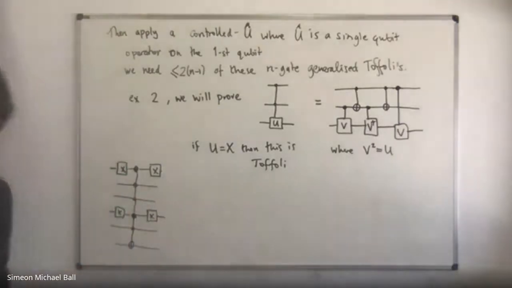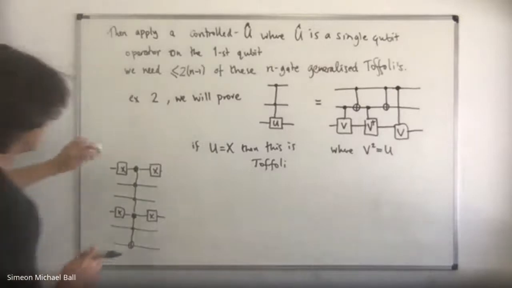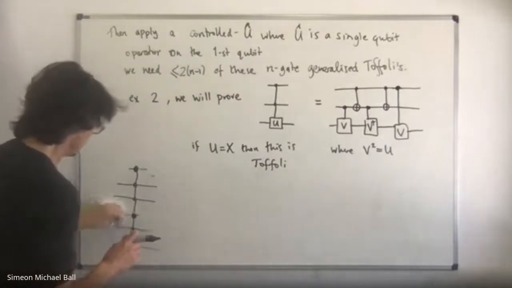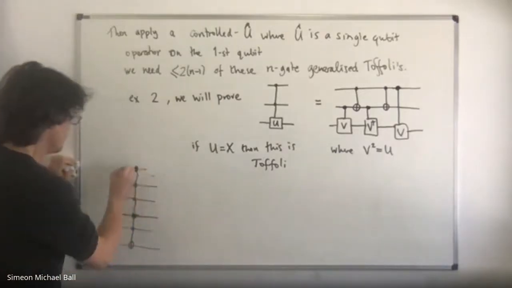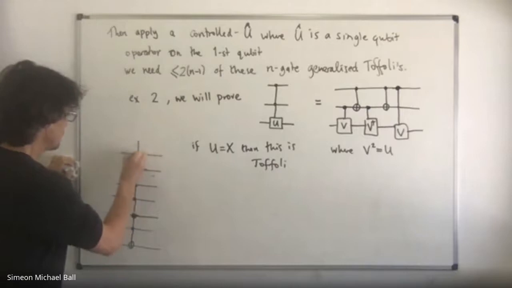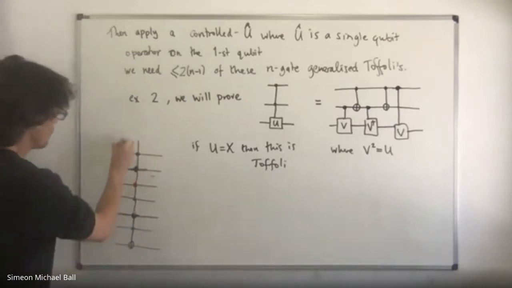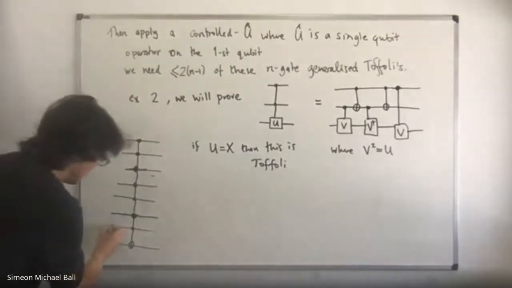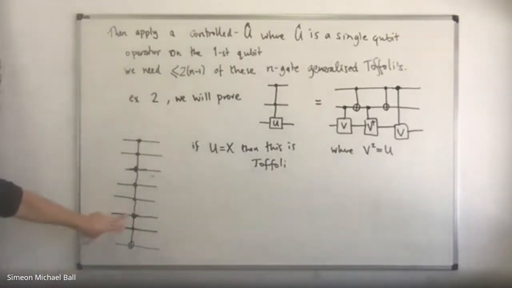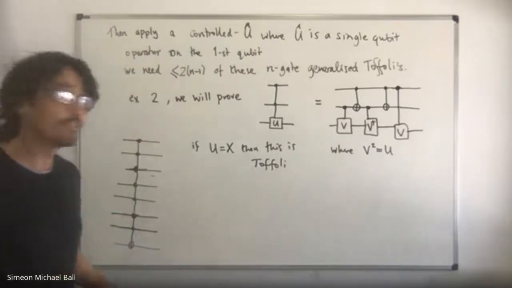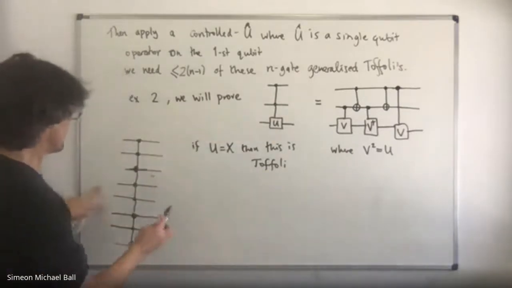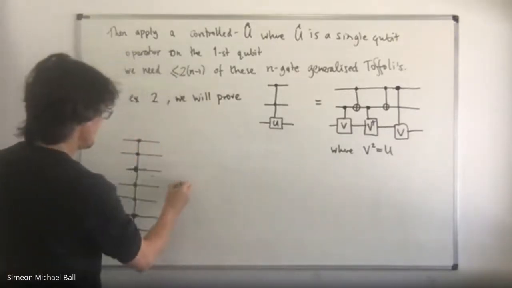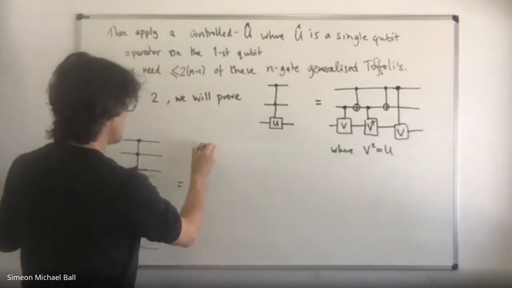So now let's just assume that we have all blacks, and let's add a few more just for good measure. This little Toffoli at the bottom, we can break down using this. So we can just leave all those ones on top and say that this is equal then to something.